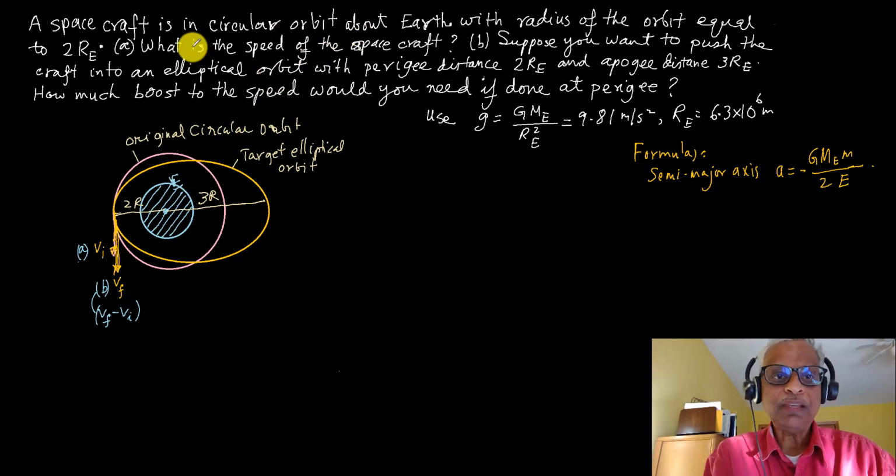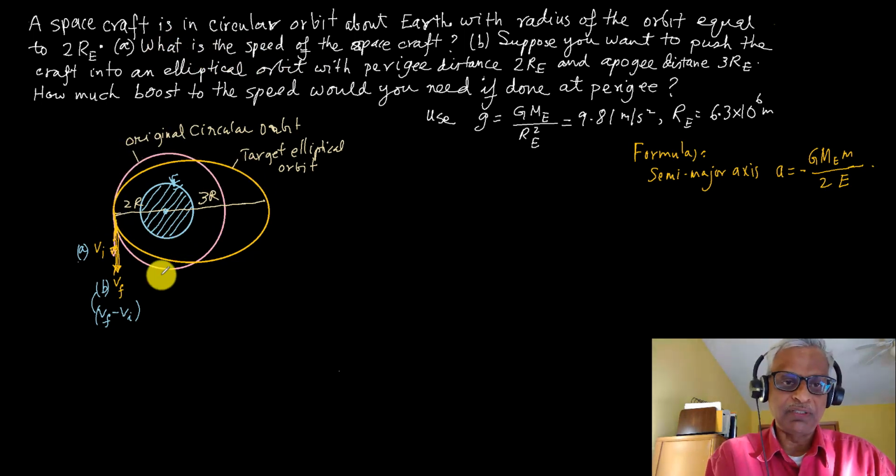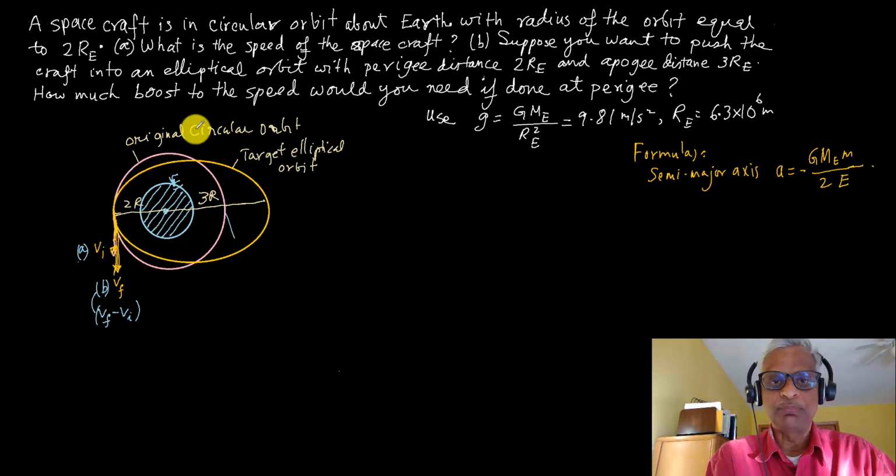The first question is very simple. What is the speed of this spacecraft going in the circular orbit, assuming uniform speed? And the second one is very interesting. Suppose you want to go from this orbit into that orbit.